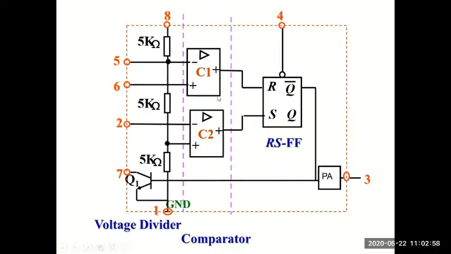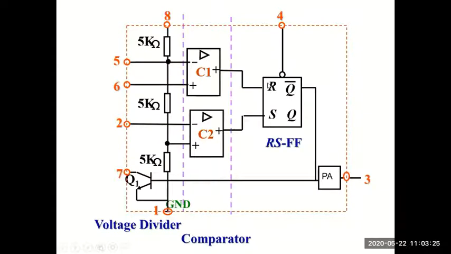So the outputs of comparators 1 and 2 will be either logic 1 or logic 0, which are given as inputs to the next stage, that is the SR flip-flop. In this SR flip-flop, we know the truth table, where if S is 1 and R is 0, then it is called set state and Q will be 1 and Q bar will be 0.